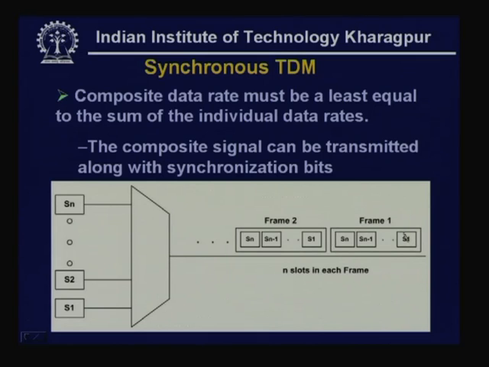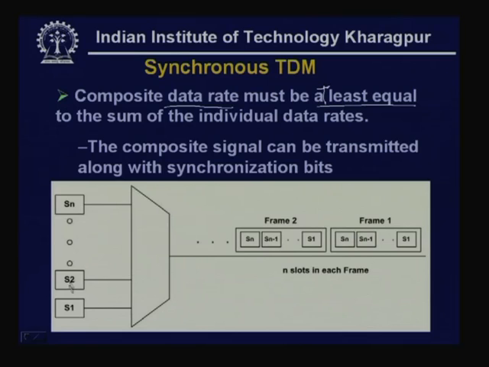The composite signal, as you can see, is framed, where you have data from S1, S2 up to Sn, then it is repeated, and another frame comes, S1, S2, Sn. Of course, the composite data rate must be at least equal to the sum of the individual data rates.